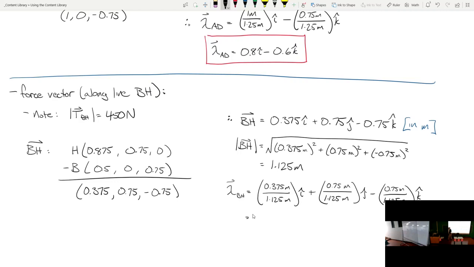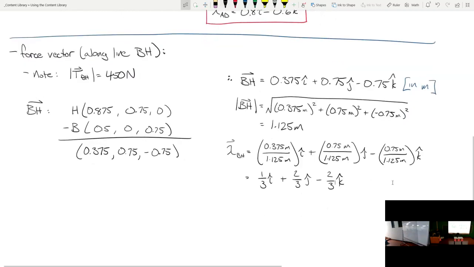So therefore, we could write this as 1/3 I plus 2/3 J minus 2/3 K. Is everybody okay with that? That's our unit vector. Now we need to multiply that by the magnitude.